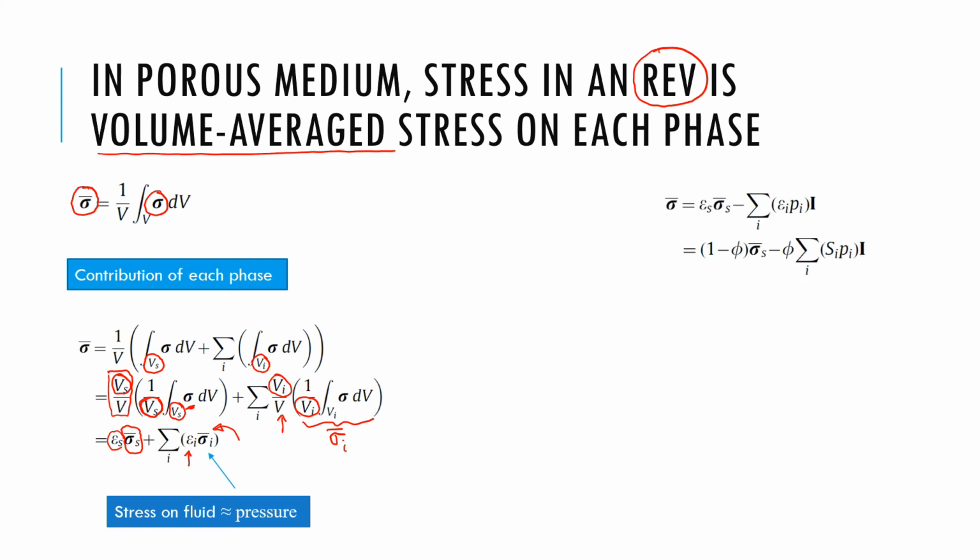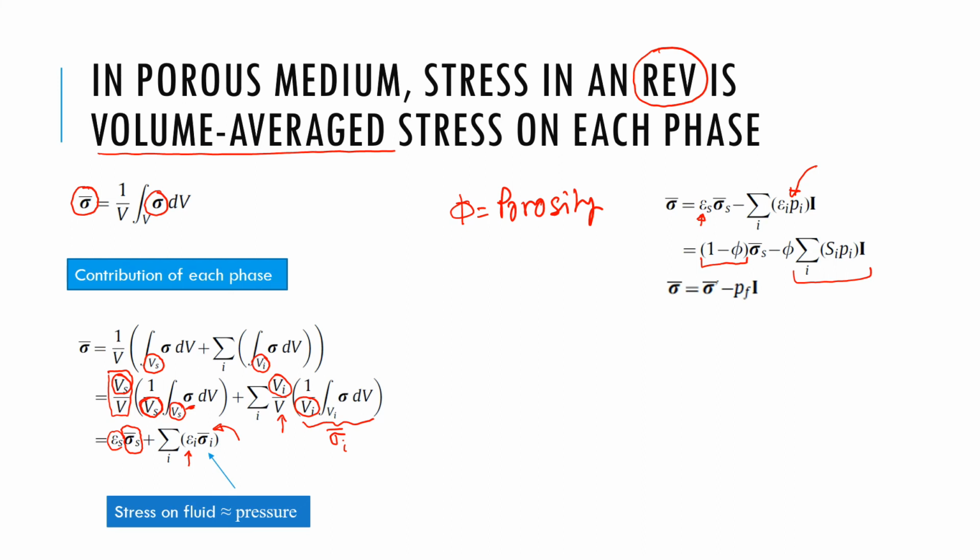And so here we put in pressure instead of stress for the fluid part, and we note this epsilon s, which is the solid fraction. That's really just 1 minus phi, where phi is the porosity. And so 1 minus phi times sigma s bar, minus phi times this other component for all the fluid phases.